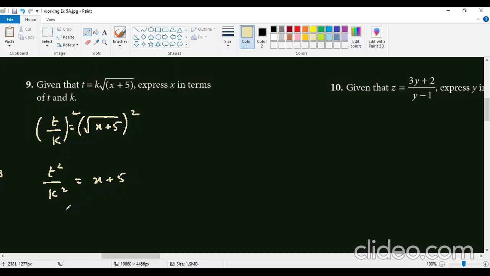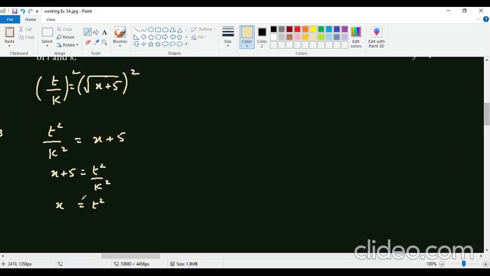That means we need to find x. That means I can write x plus 5 equals t square over k square. That means x is equal to t square over k square minus 5, which is going to be your final answer.